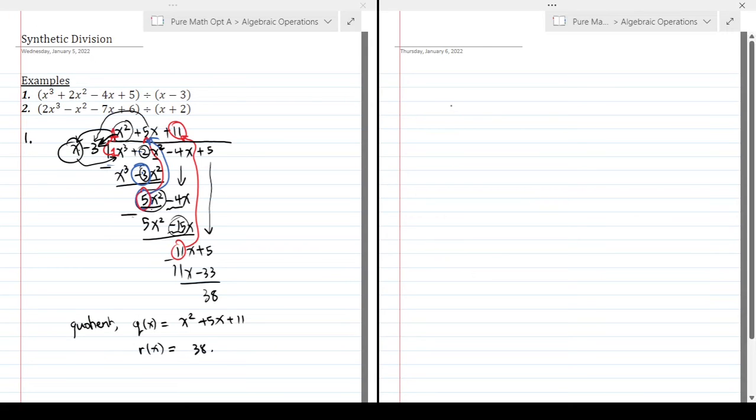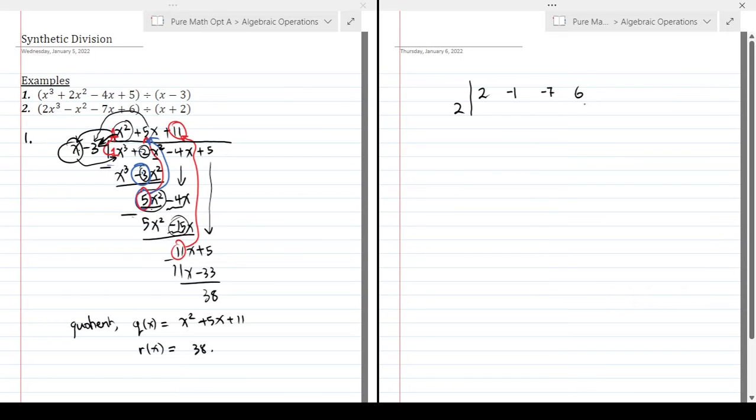So I take the 2 and put it outside like that, and I have my little box structure. This 2x cubed minus x squared minus 7x plus 6, I have to change into a string of integers. Let me put it up here. So this is 2x cubed minus 1x squared minus 7x and then 6.